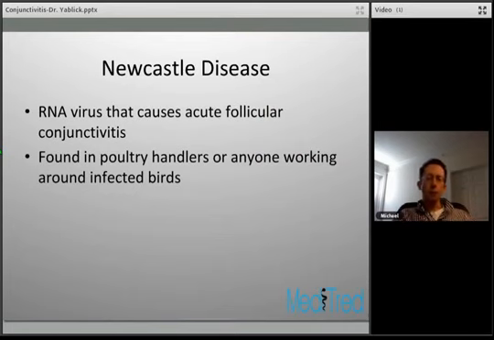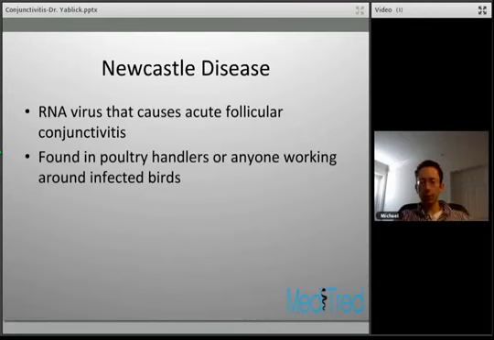Newcastle disease is another viral form of follicular conjunctivitis, and it's very uncommon, but it's a very testable condition. It's important to keep in your differential diagnosis. Newcastle's disease is basically caused by an RNA virus, typically found in birds, and it can actually spread through birds, and it also spreads to humans and causes an acute follicular conjunctivitis, which is why we care about it.